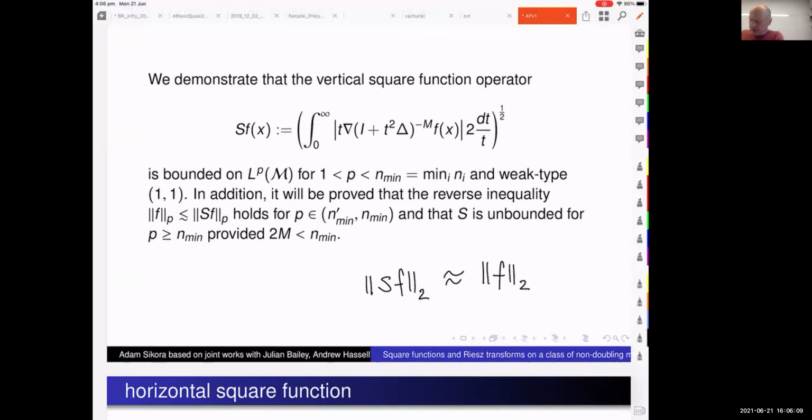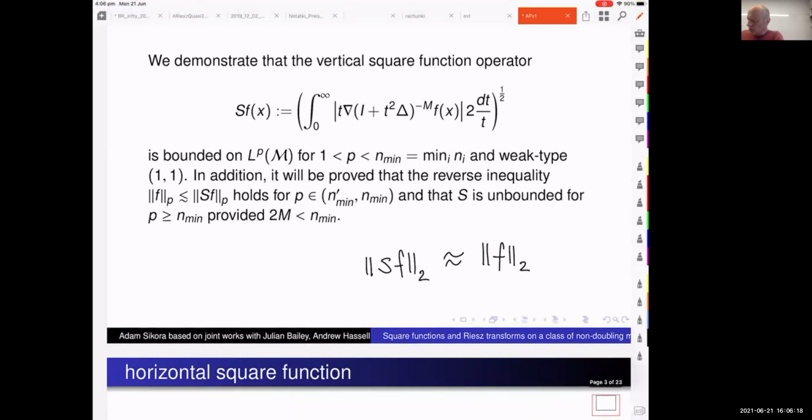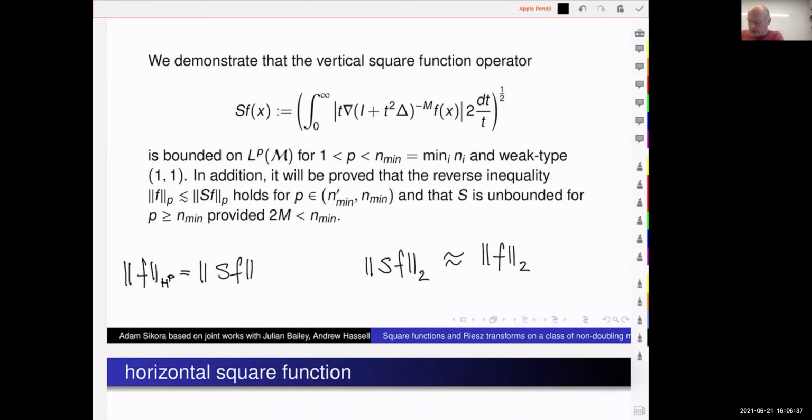This subject is quite related to the Riesz transform, and it's also a way to define Hardy spaces. One definition of Hardy spaces is that you define the norm of a function f in the Hardy space HP as equal to the norm of the square function in LP.